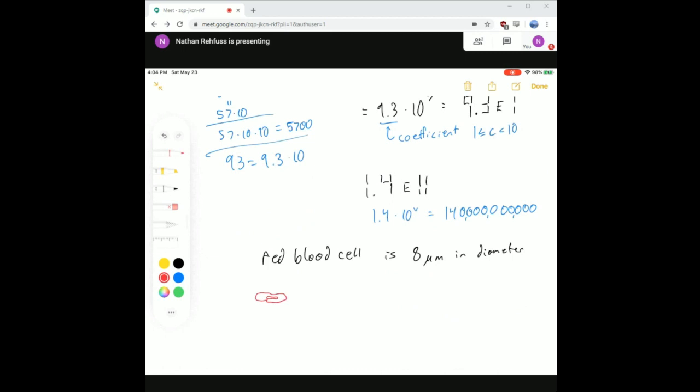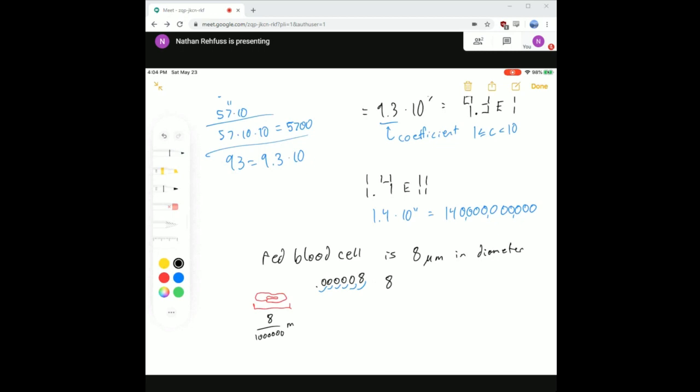This red blood cell, the distance from end to end is 8 divided by 1 million meters. A scientist isn't going to want to write that, and they're definitely not going to want to write 0.000008. So instead, to write this in scientific notation, I have to move that decimal point 1, 2, 3, 4, 5, 6 places to the right, and if I do, I get 8.